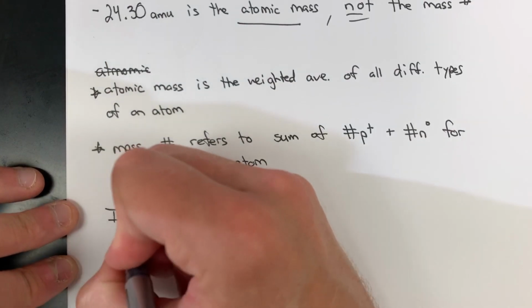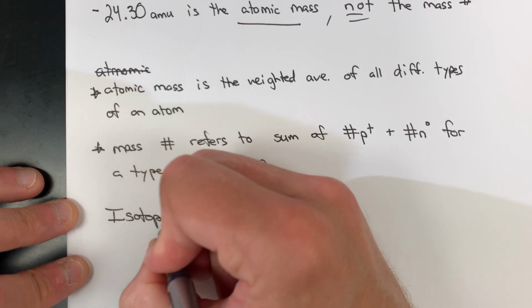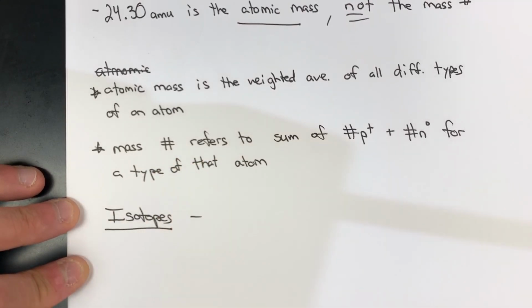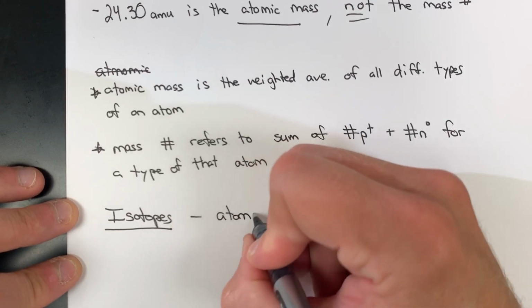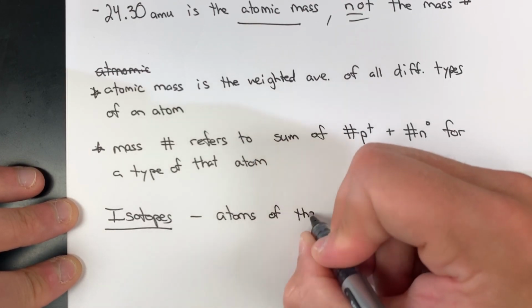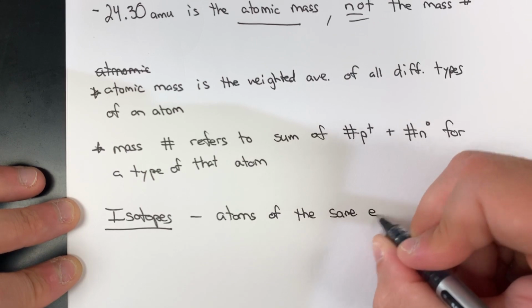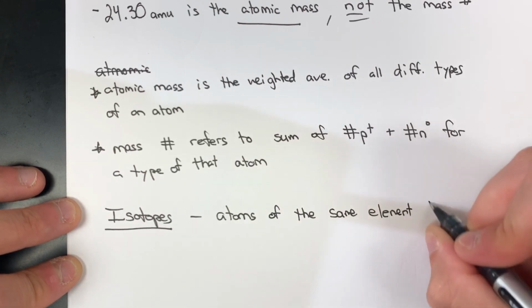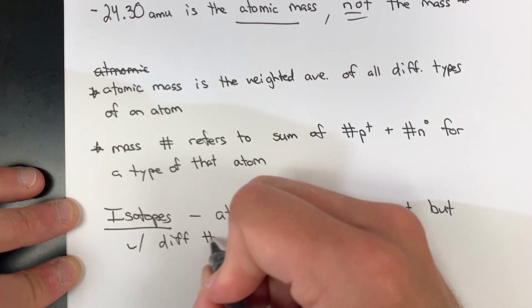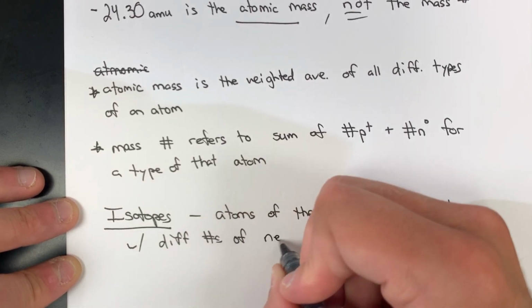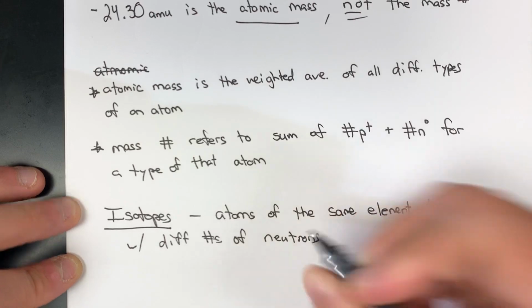And again, this may be a term that is familiar from previous science classes. When we talk about isotopes, the idea here is that these things are atoms of the same element, but with different numbers of neutrons.